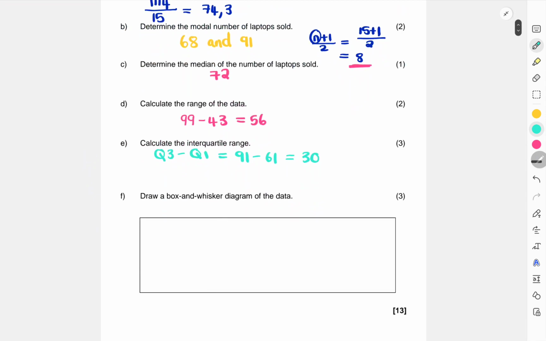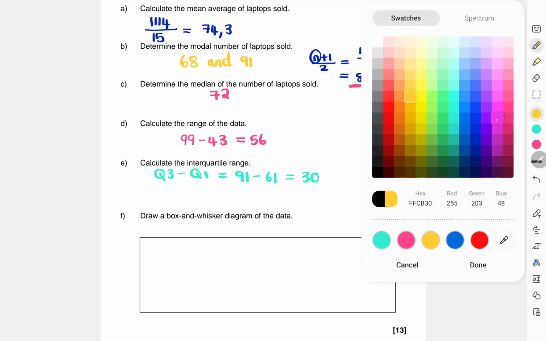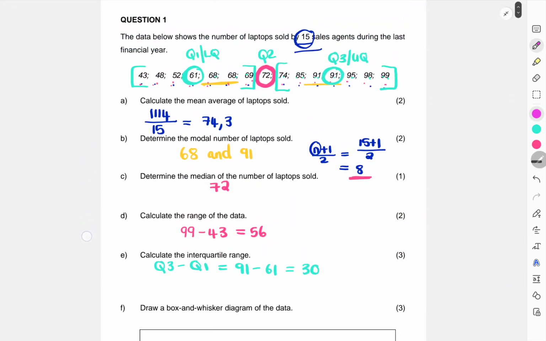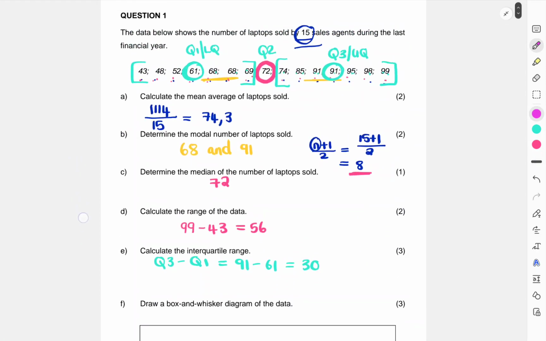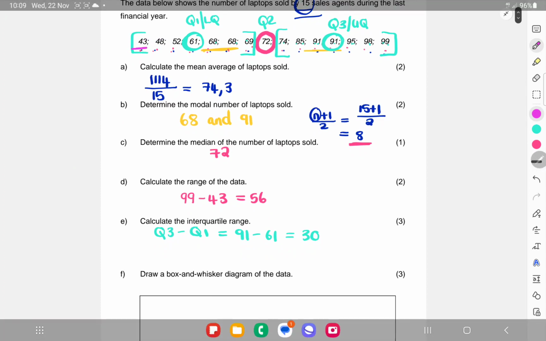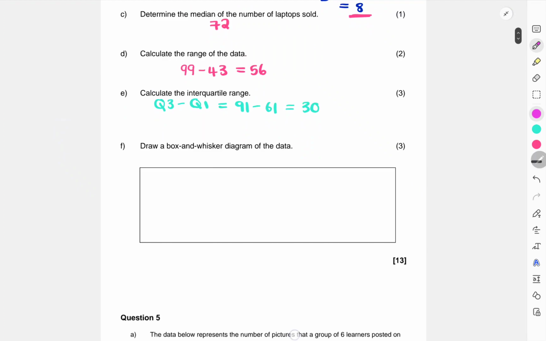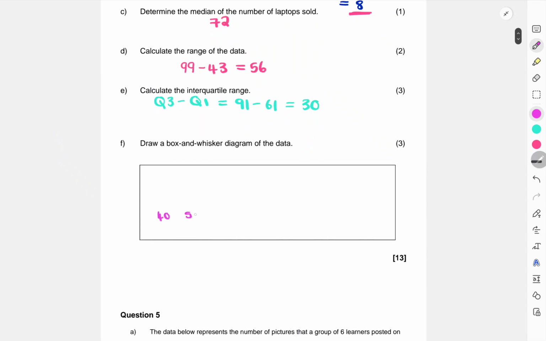Now they say to you, draw your box and whisker diagram of the data above. So remember your number line. Most of the times we give you a number line, but in this case I didn't. So you'll need to put a number line down which ranges between the smallest number and the biggest number. So you can clearly see that we'll have to go from 40 all the way to 100, and you can't skip a few.